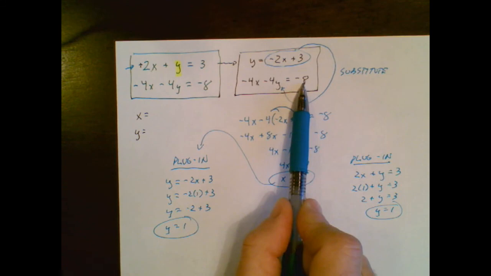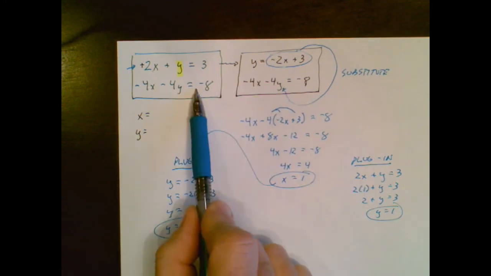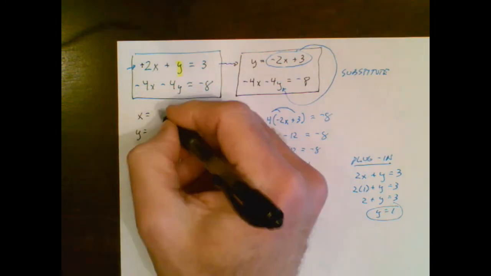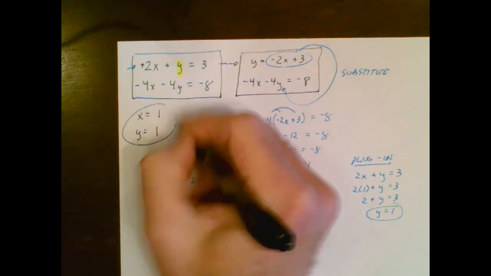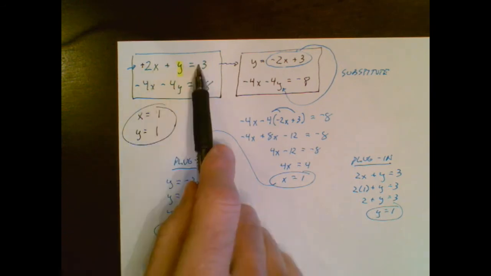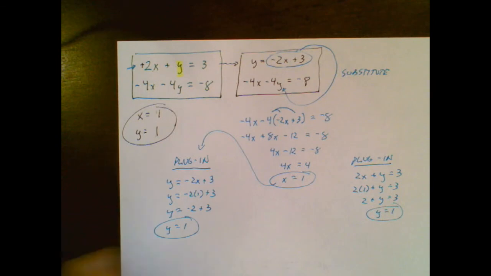This equation would have been even uglier to use, but I still would have gotten y equals 1 had I done my steps correctly. So my final answer to this is x equals 1, y equals 1. If you want to confirm that, take this, plug it into each of these equations. It should work for both of those.